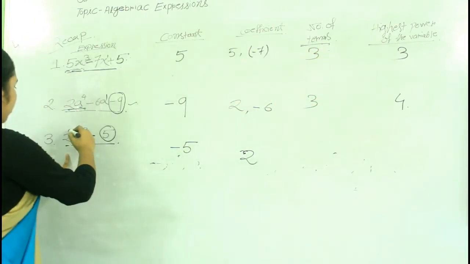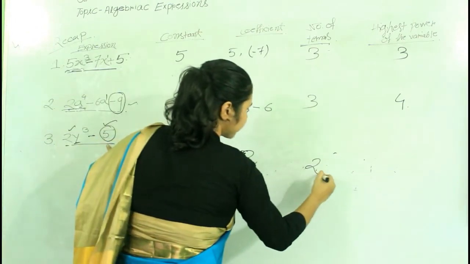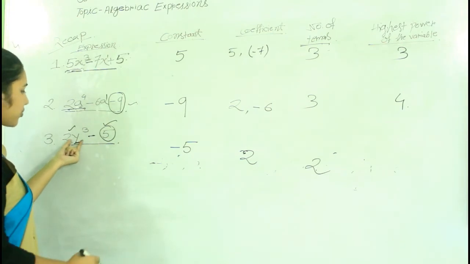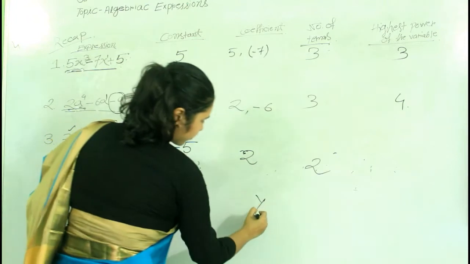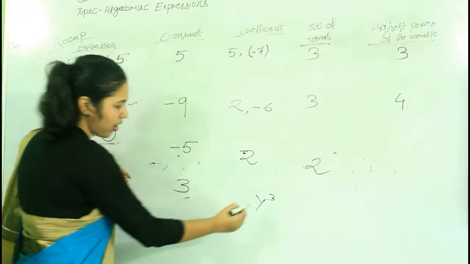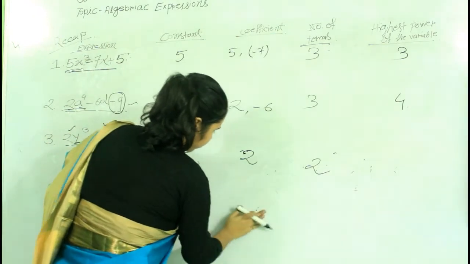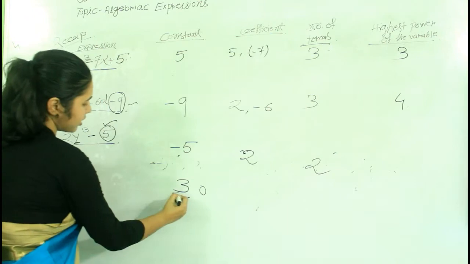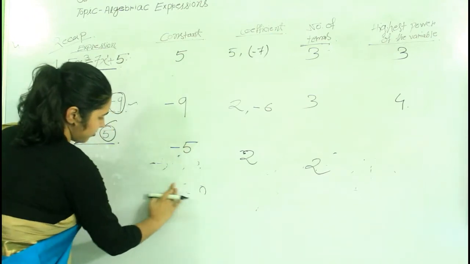So here we have only 2 terms. Right? Now, look at the first term. The highest power of the variable is 3. Y cube. So here the power of y is 3. Next, again 0. So the highest power between 3 and 0 is 3.